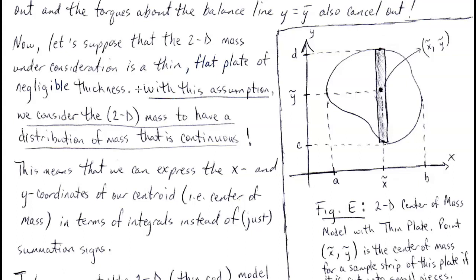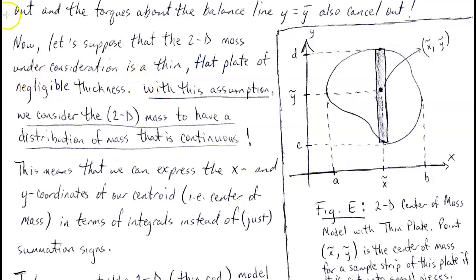In other words, we don't have all the mass in one place and then nothing, and then some more mass and nothing. If we can model the mass for this 2D figure like a continuous function, then that opens up the avenue for us to use calculus, and in particular integrals.